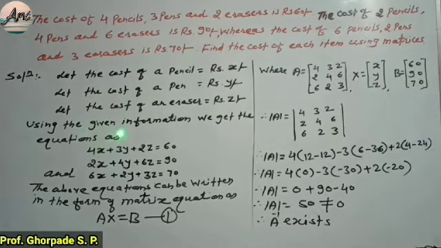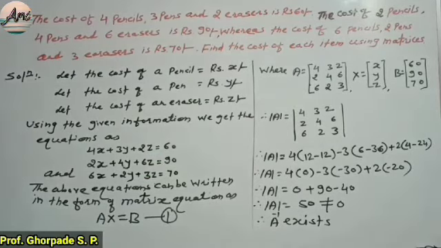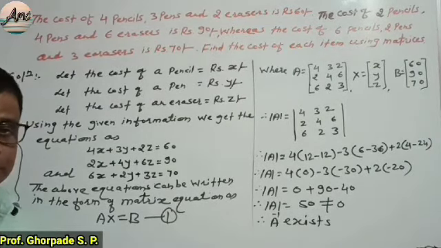Then using the given information we get the equations: 4x plus 3y plus 2z equal to 60, 2x plus 4y plus 6z equal to 90 and 6x plus 2y plus 3z equal to 70. Once after representing the word-based problem in terms of the equations, the further part is similar to what we have seen in the previous example.